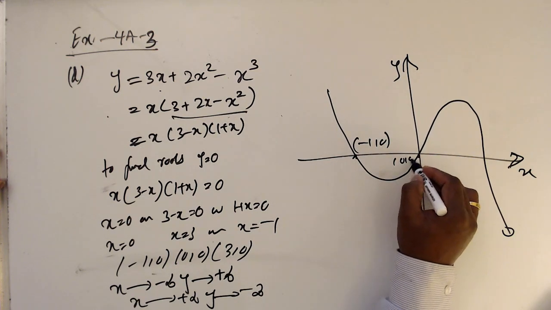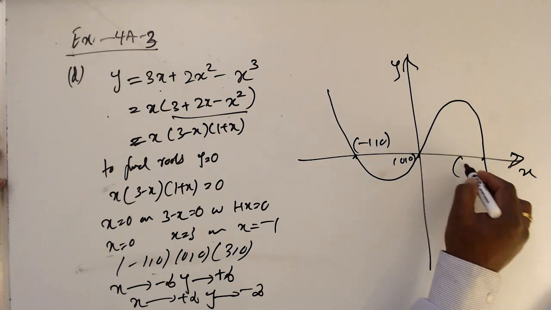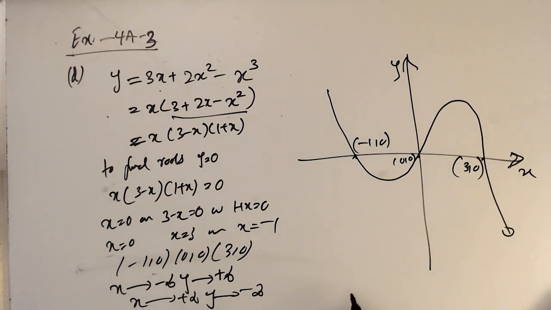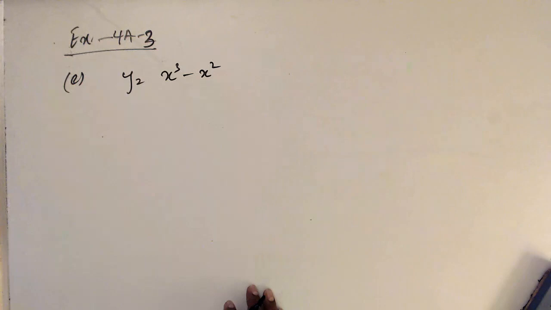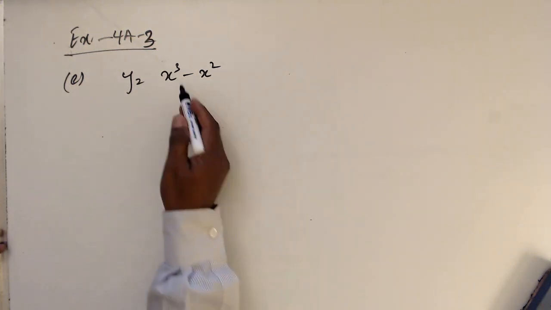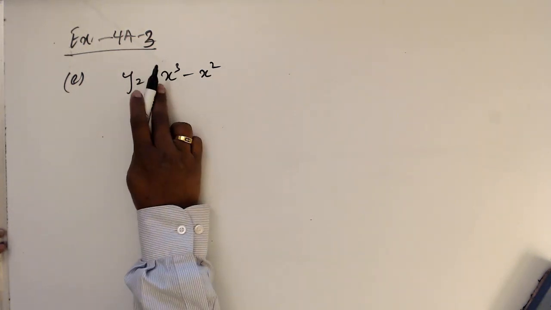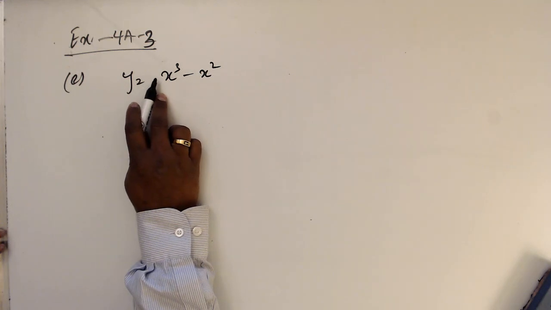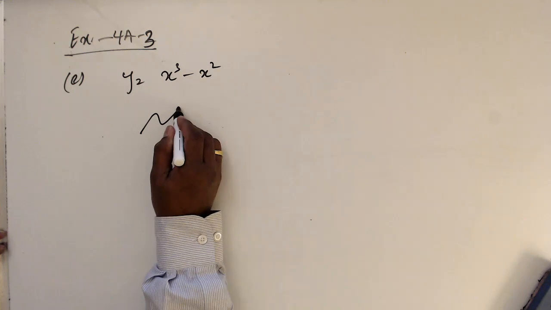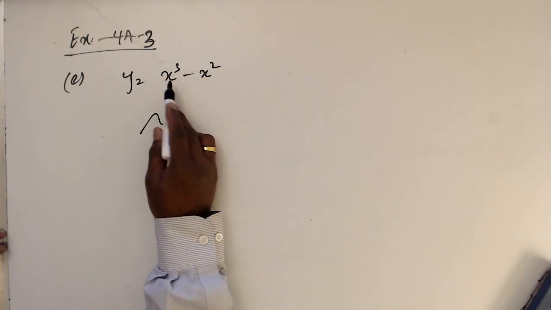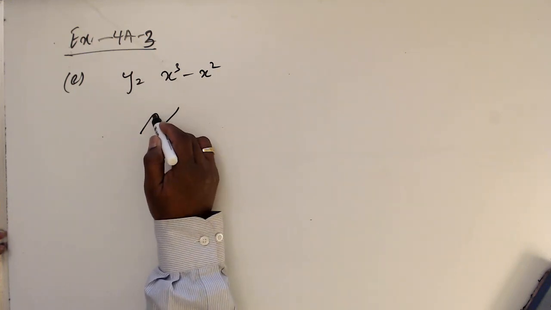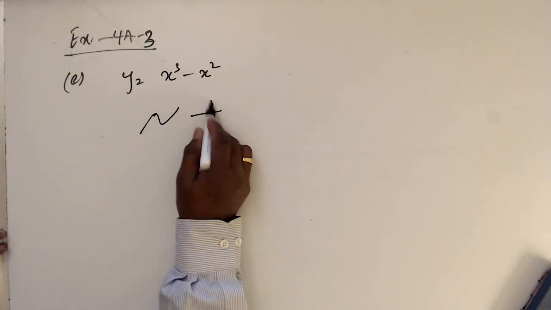This is 0, 0. And this is 3, 0. The coefficient of x cube is positive. And we are expecting this one. And when x equals 0, the graph goes through 0, 0.